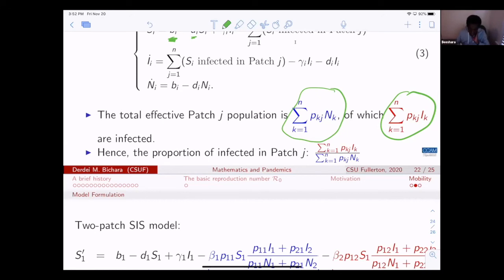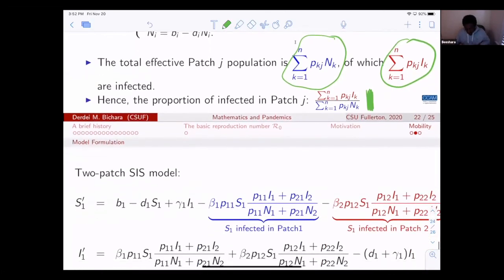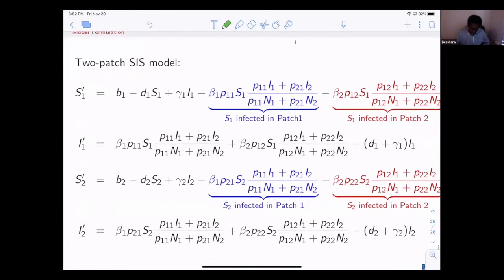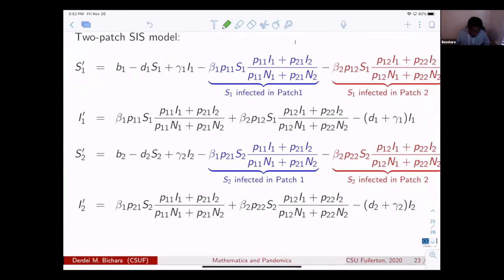Okay. So now the proportion of infected will be this. So now a very crude SIS model with 2 patches will be something like this. And of course, as you can see, our beta, or our contact rate, now depends on the proportion of time susceptible spend in one particular area.